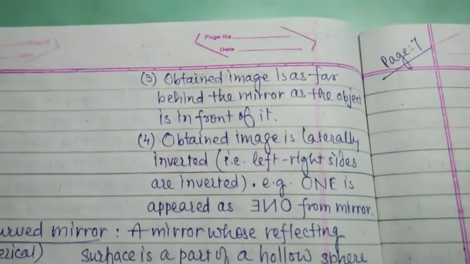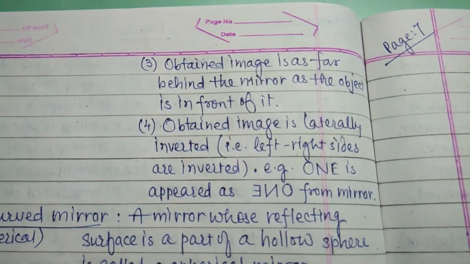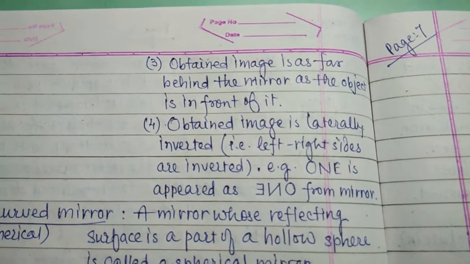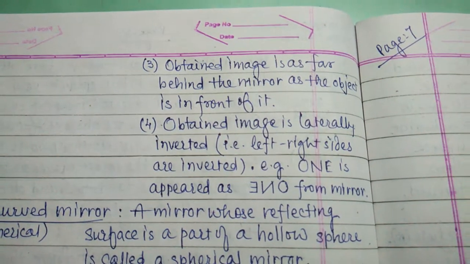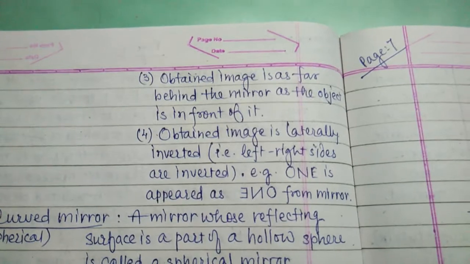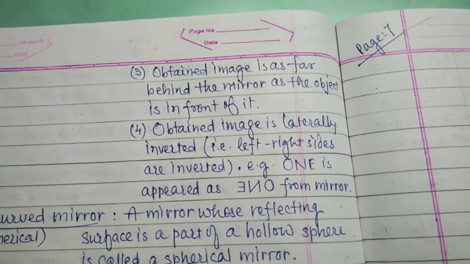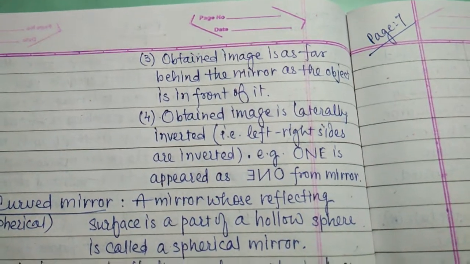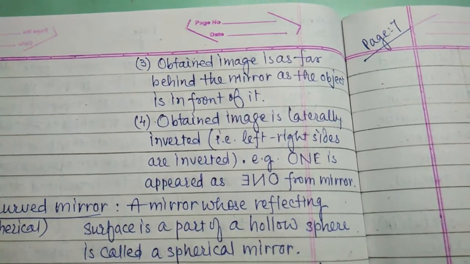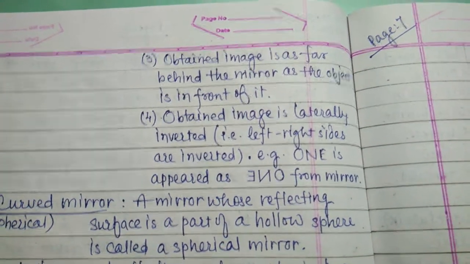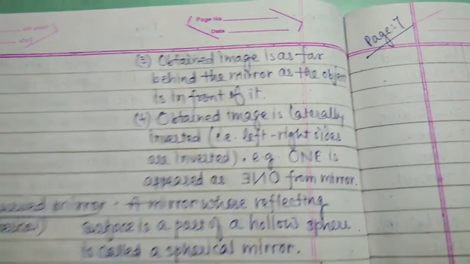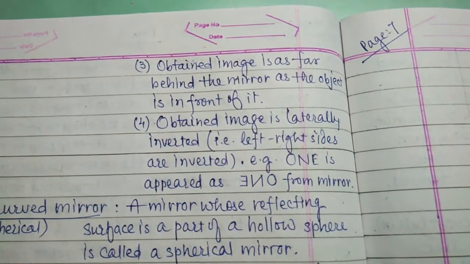Third one, the image is obtained as far behind the mirror as the object is in front of it. It means the distance at which the object is placed in front of the mirror, the image is also obtained at the same distance behind the mirror.